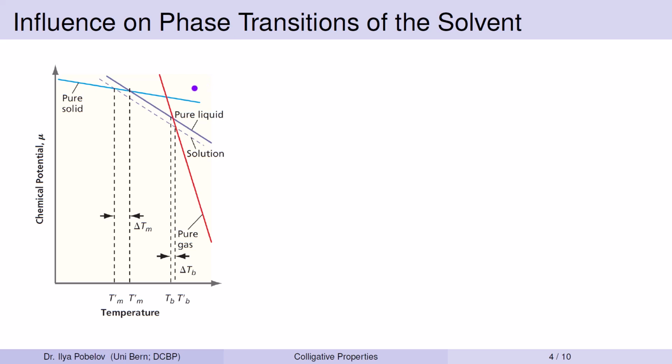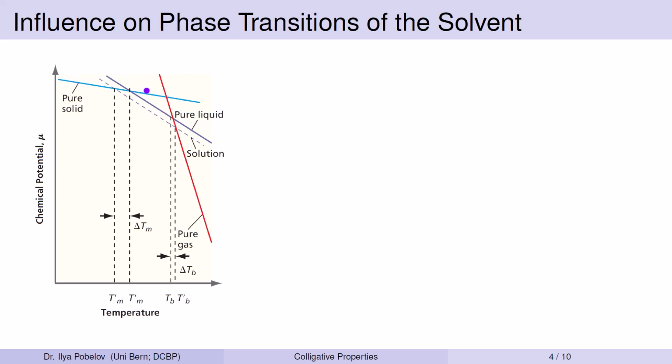Now we will take a look at a figure illustrating the influence of solutes on the phase transitions of the solvent. To understand this phenomenon qualitatively, you hardly need anything more than this diagram. This figure shows the temperature dependence of the chemical potential for three phases of a pure substance: solid, liquid, and gas.